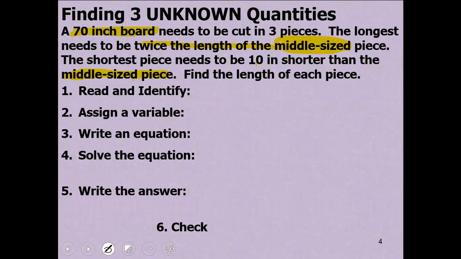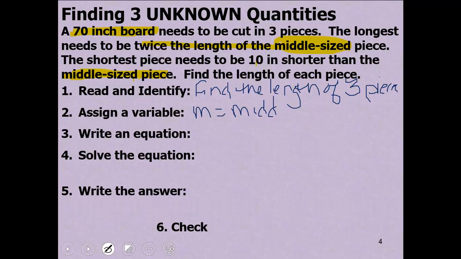All right? So we want to find the length of each piece. So we're going to find the length of 3 pieces of wood. All right? M is going to equal the middle. All right?